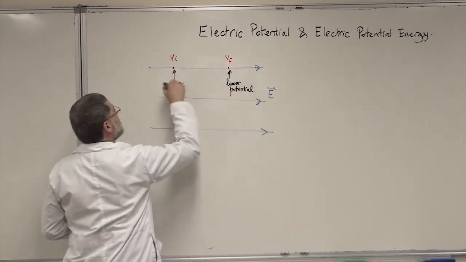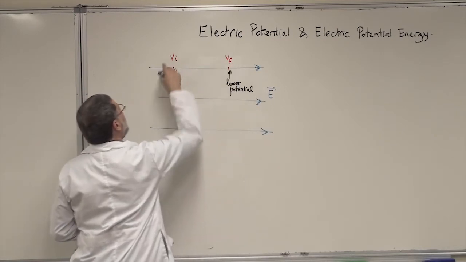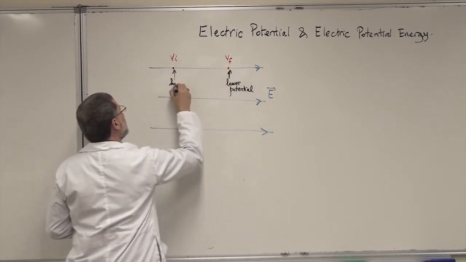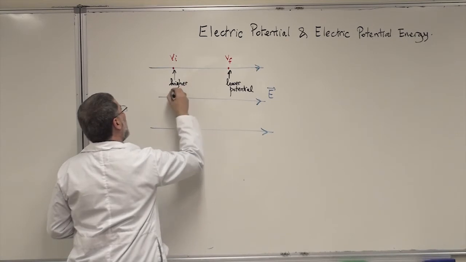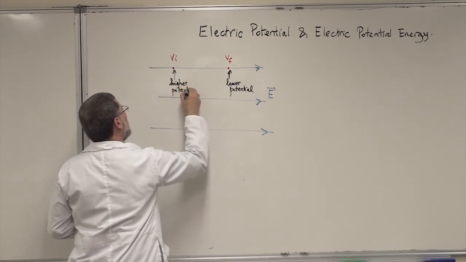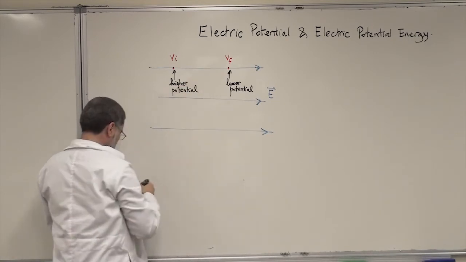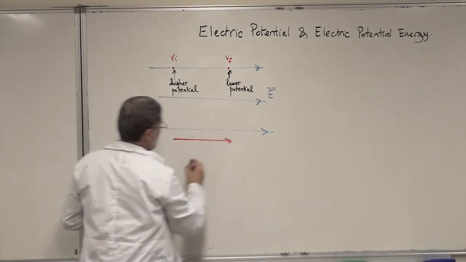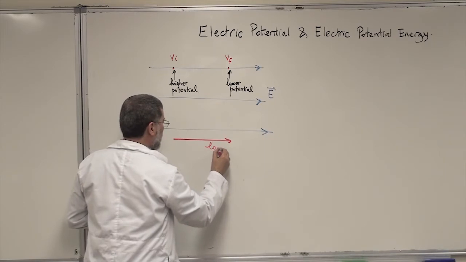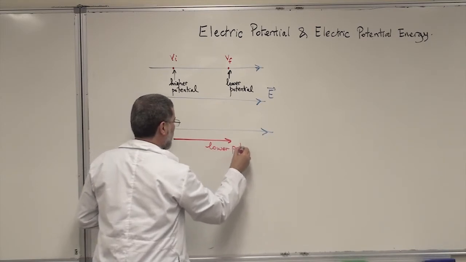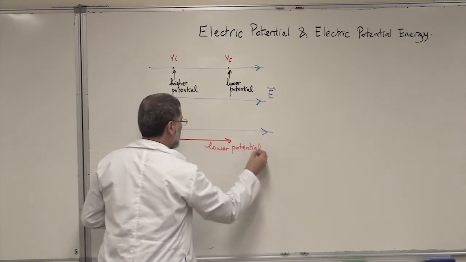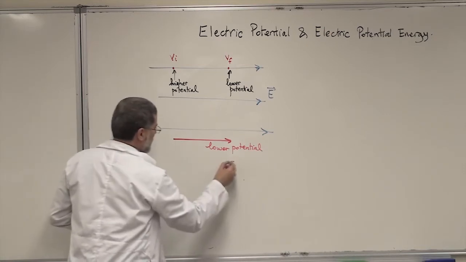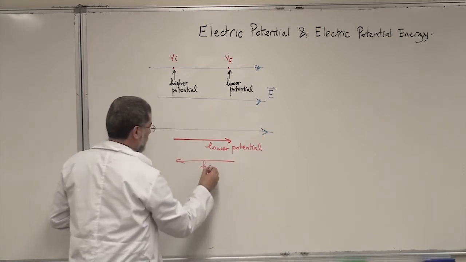This point has higher potential than the other one. So as you move in this direction, you go to lower potential. Very important. As you go in this direction, you go to higher potential.